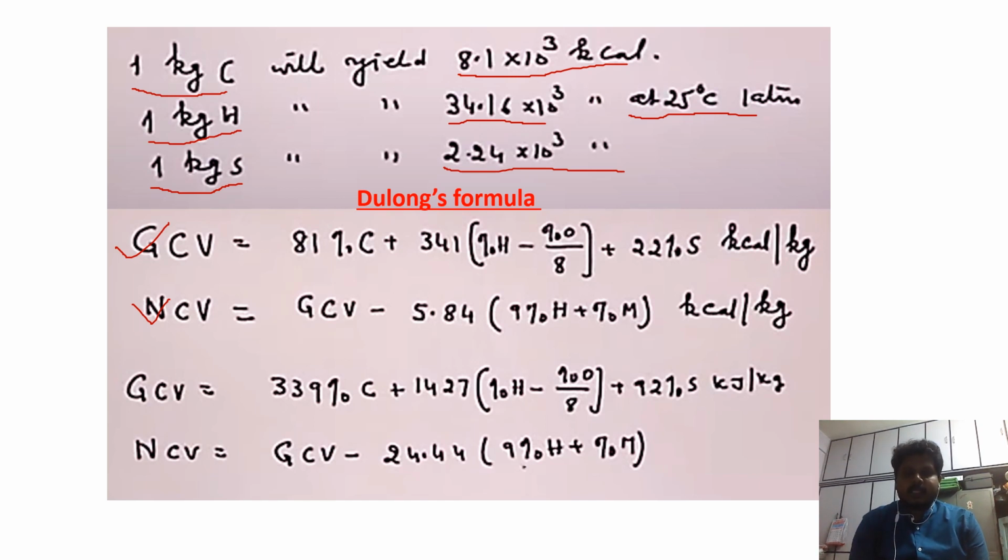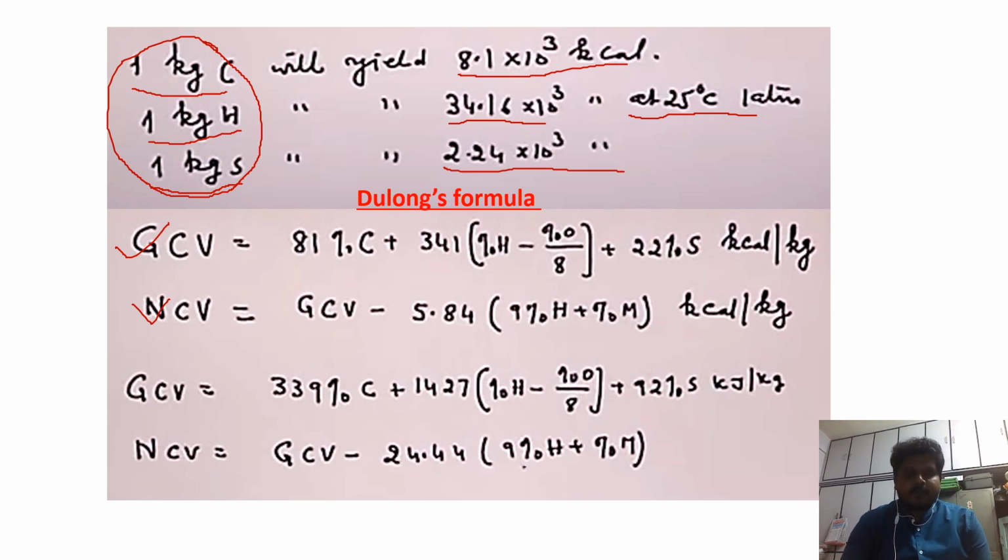There will be a reaction only when combustible components react with oxygen. So to find the gross calorific value, we have to add the energies of all three combustible components.